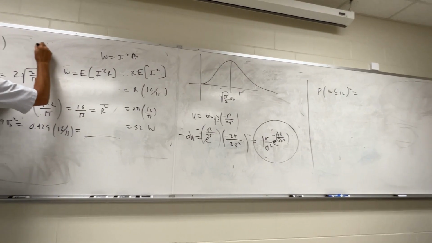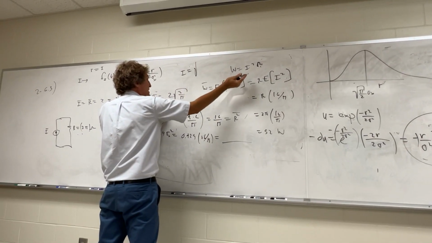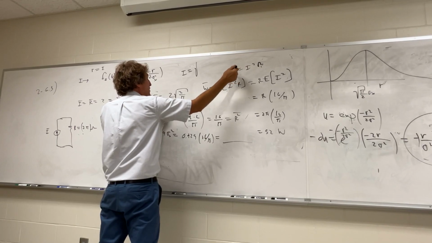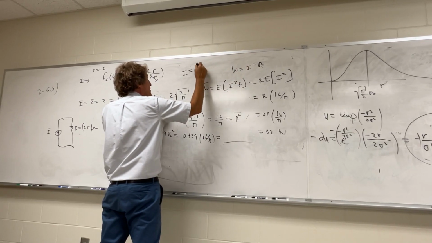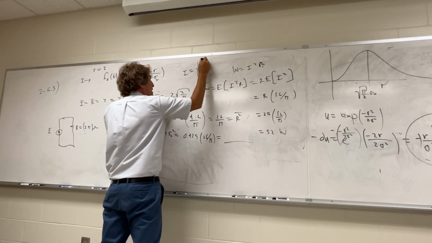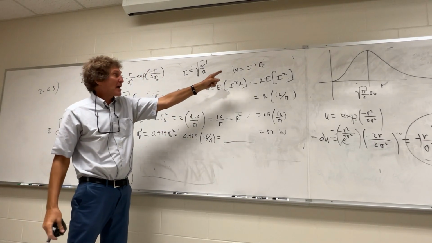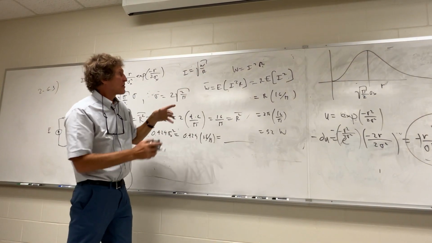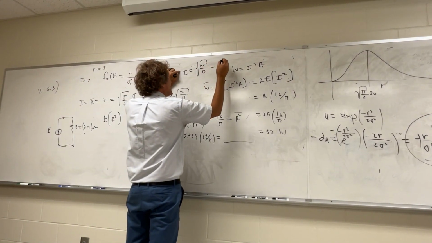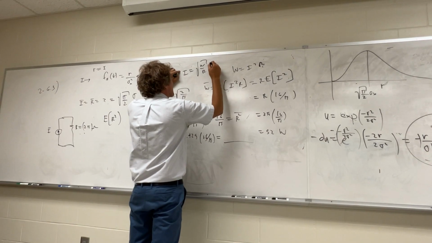Since I is strictly positive, it means what? I is W, or power, over R, right? If the power is less than or equal to 12, we put 12 over R, right? Wouldn't this be the upper level for current? This would be the current less than or equal to what?